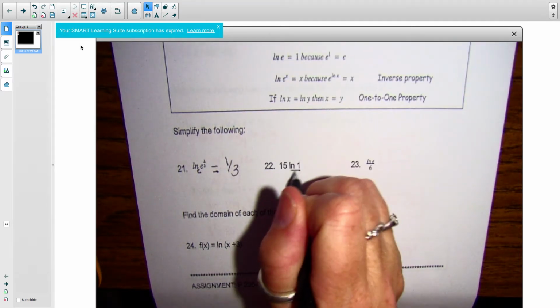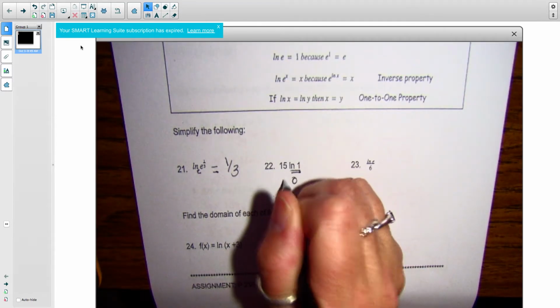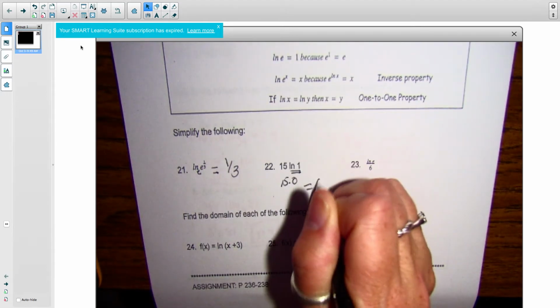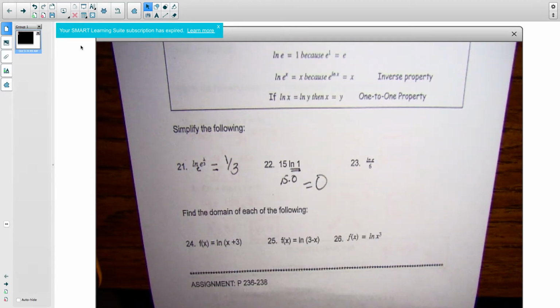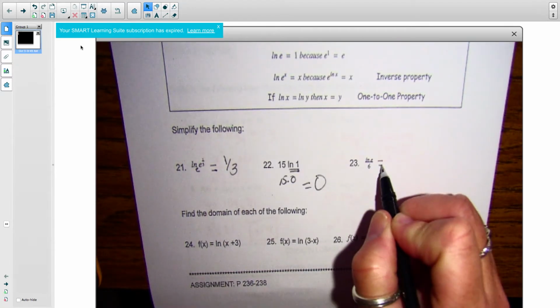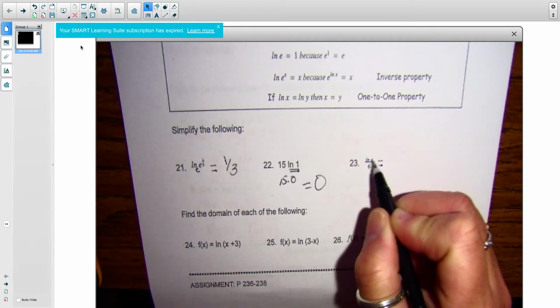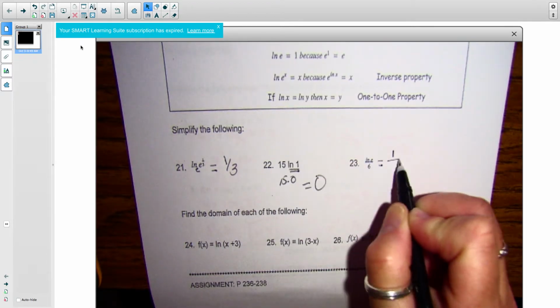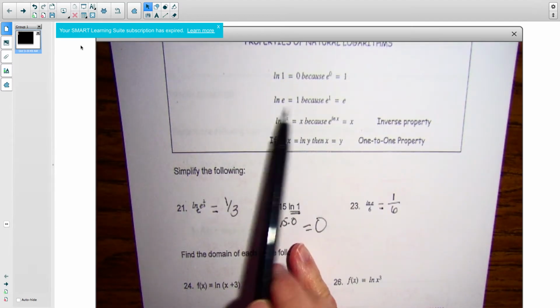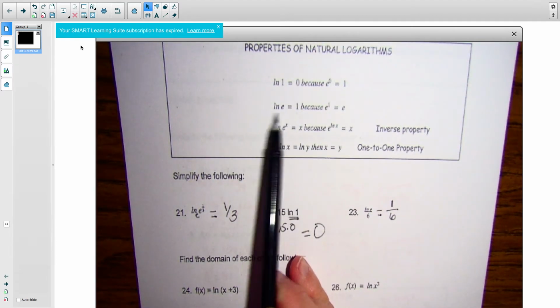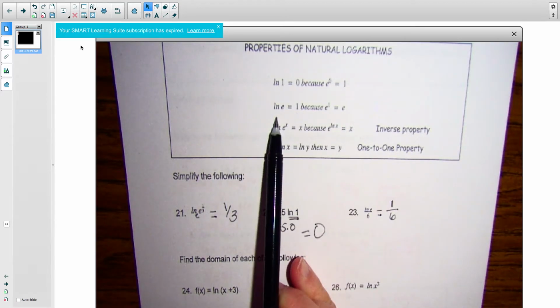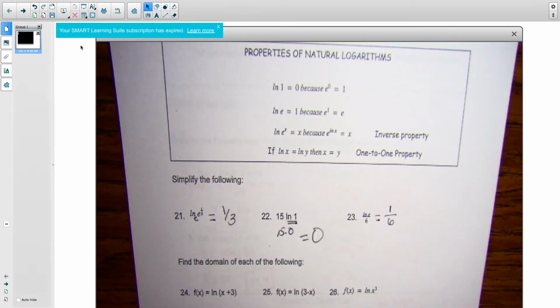Natural log of 1? 0. And what's 15 times 0? 0. What's the natural log of e? And it gives us 1. Natural log of e, log of e is 1. Just like log base a of a was 1.